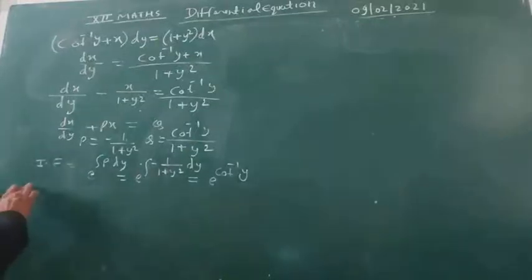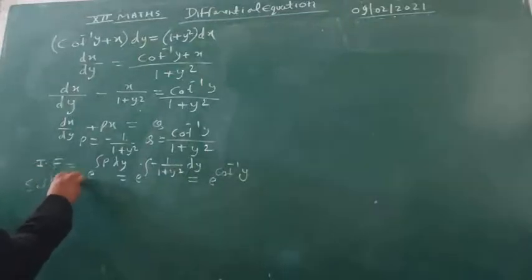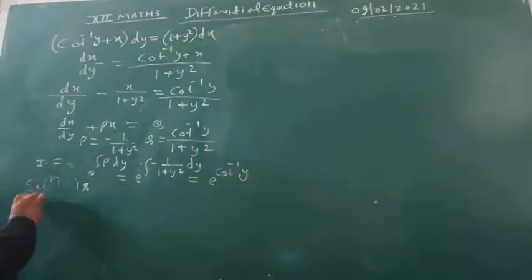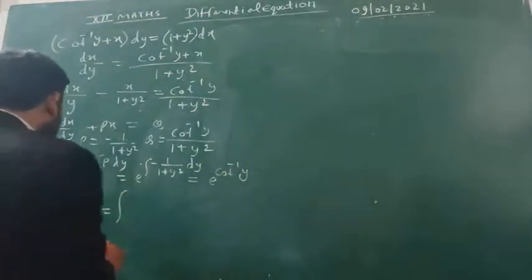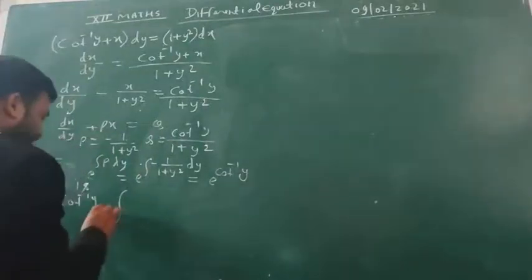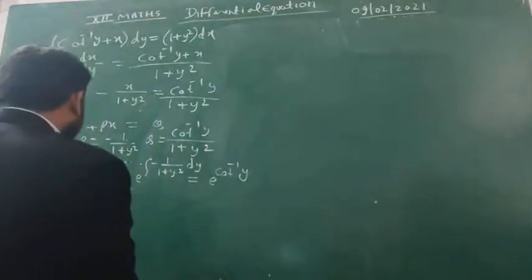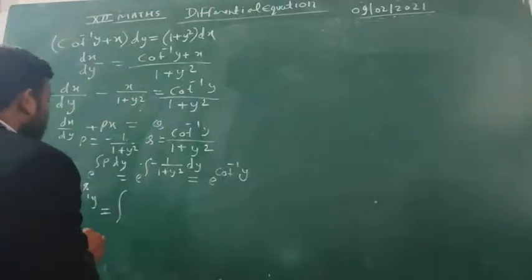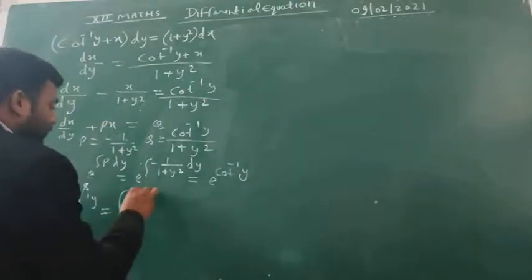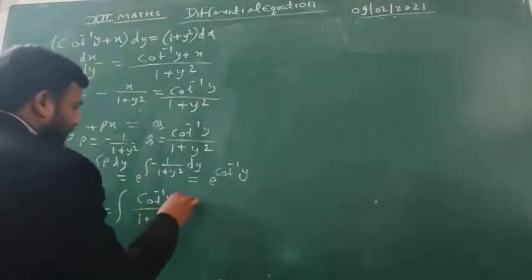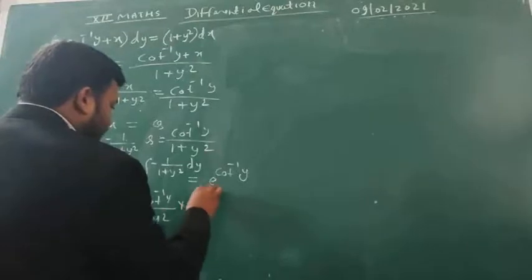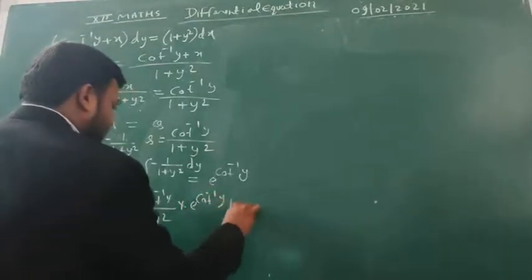Now the solution of the required differential equation, students. We will write the solution is x times the integrating factor e to the power cot inverse y, which is integration of Q, cot inverse y by (1 plus y square), into the integrating factor e to the power cot inverse y, dy, plus c.